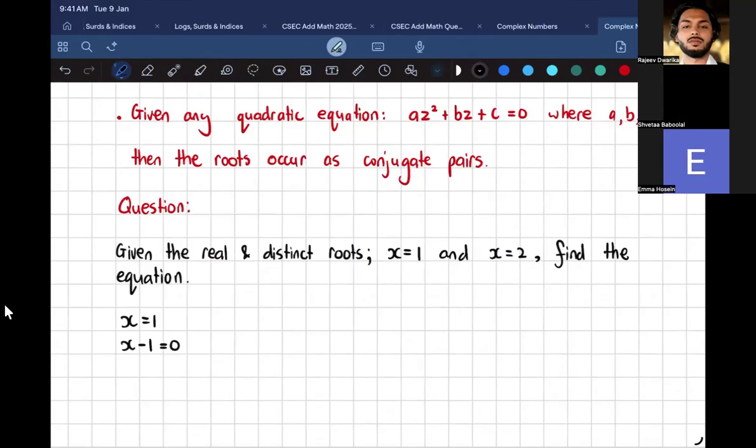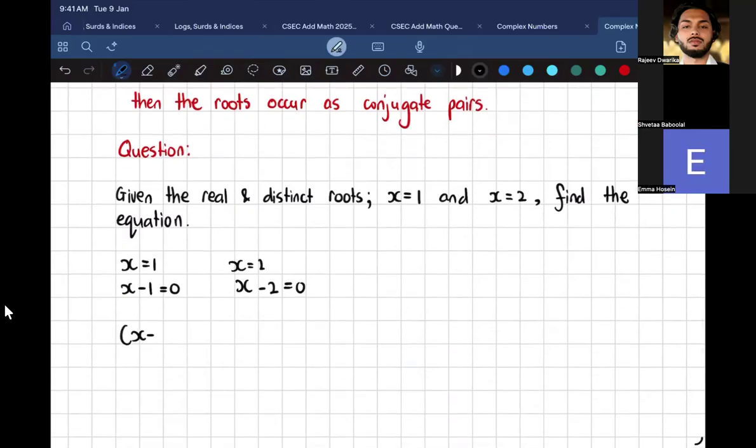Remember, when we factorize a quadratic, it first needs to be equal to 0, right? So I'm saying x minus 1 is equal to 0. Cool. And then I'm going to say x is equal to 2, so x minus 2 will be equal to 0. So this would be x minus 1 by x minus 2, and we're saying that 0 times 0 is 0.